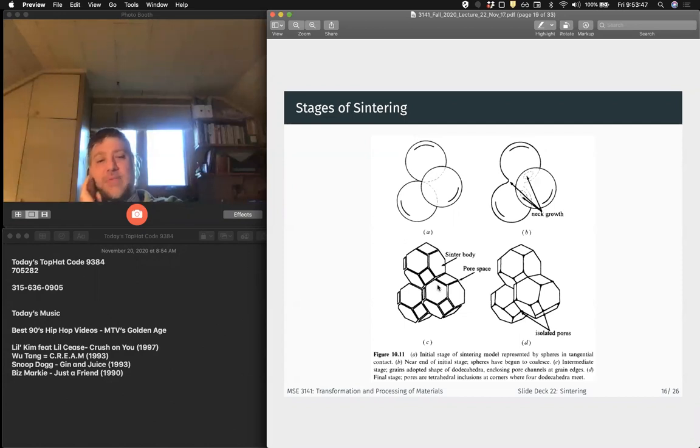Then if I keep going, these faces are going to keep growing out, and eventually I'll close my pore channels along the edges of the polyhedra, and I'll only be left with pores at the vertices. Right?